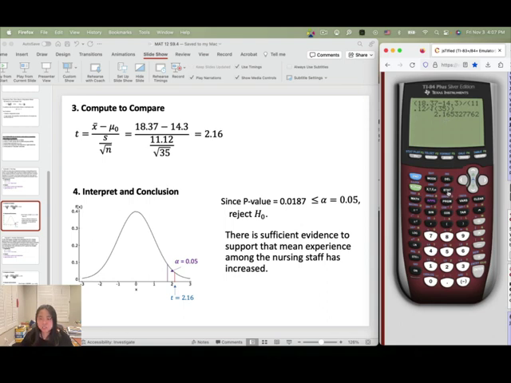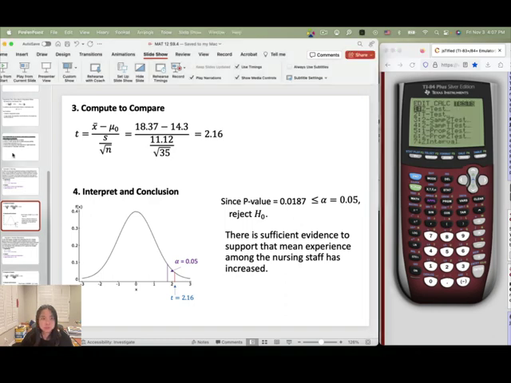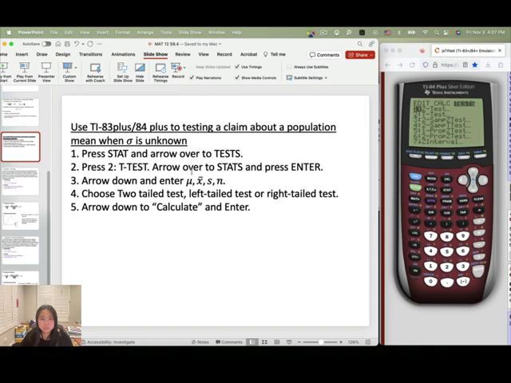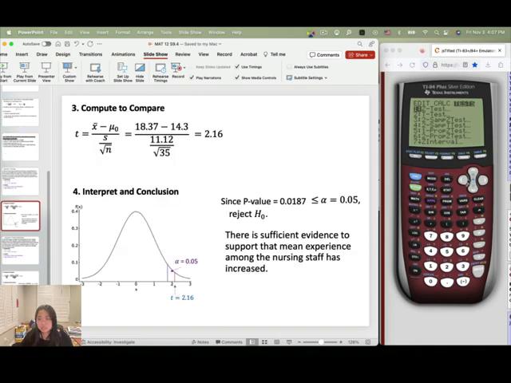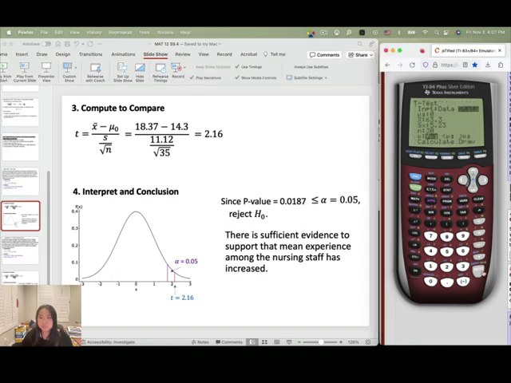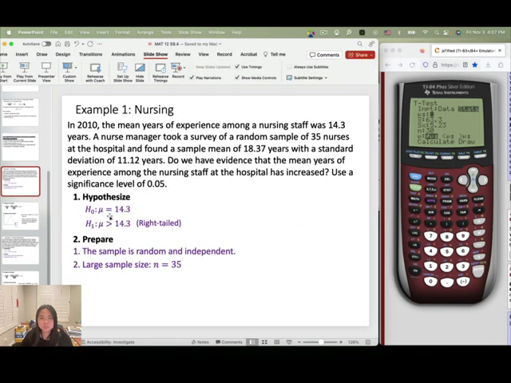But let's check it on your calculator. Go to the test, and then we're going to go to the t-test. T-distribution hypothesis testing. We have the statistics summary. This is the null hypothesis, so that will be 14.3.